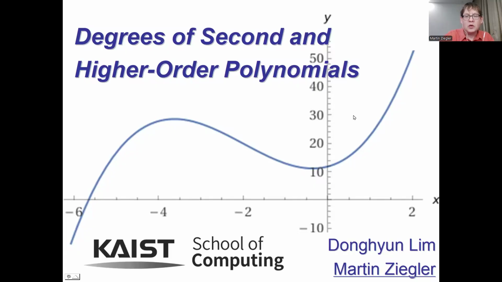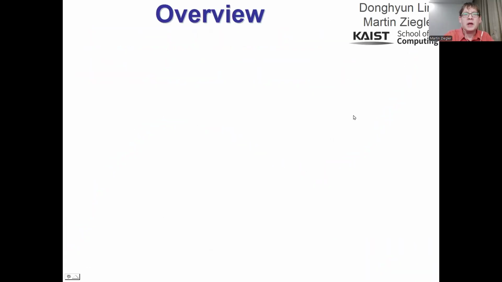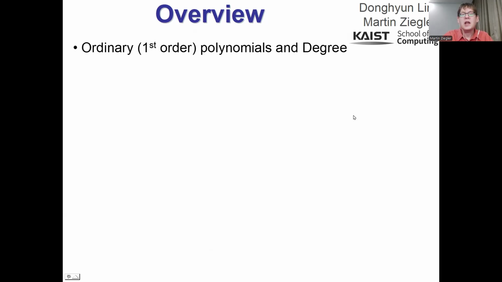Hello and welcome to this talk on our paper, Degrees of Second and Higher Order Polynomials, a joint work with Donghyun Lim. I'm going to start slowly by recalling the usual definition and maybe a new definition of classical, that is, first order polynomials, and their degree by structural induction.